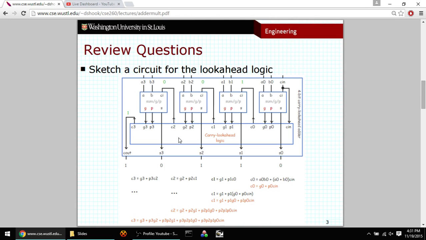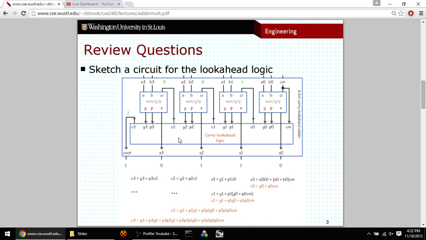We're making a trade-off here. I'm using a lot more gates and taking up a lot more space. What do I get in return for that space? I get speed. I get faster additions, right? That's what I get in return. So yes, I understand your point completely. But this is an important part of the carry lookahead adder.